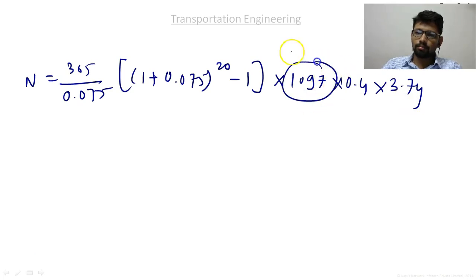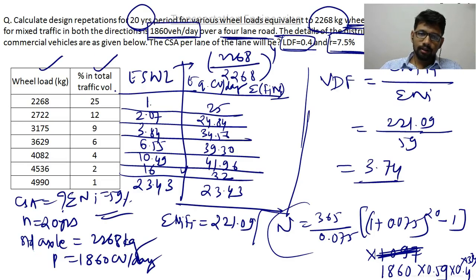This comes from 1860 into 0.59. The reason being, in the question it is mentioned that the commercial vehicles are only 59% of the total traffic volume.